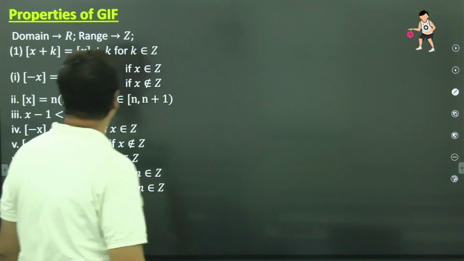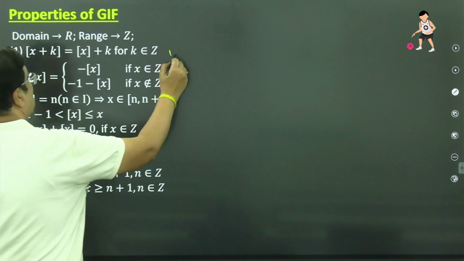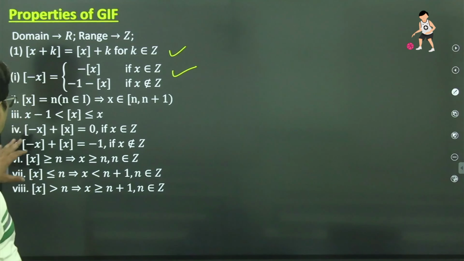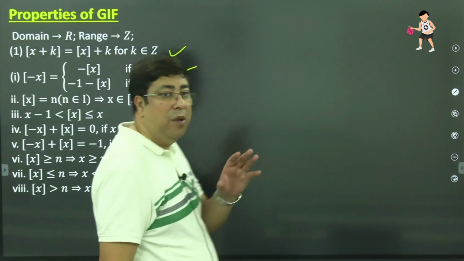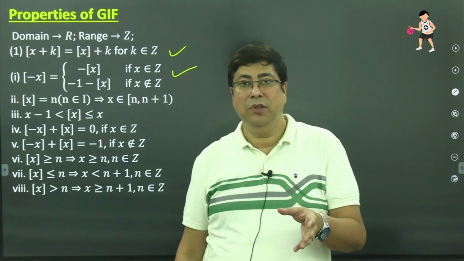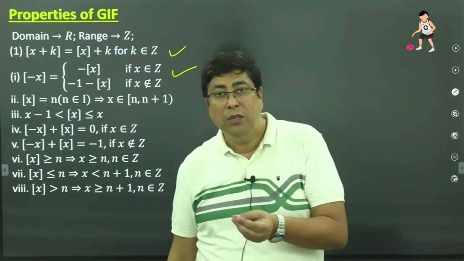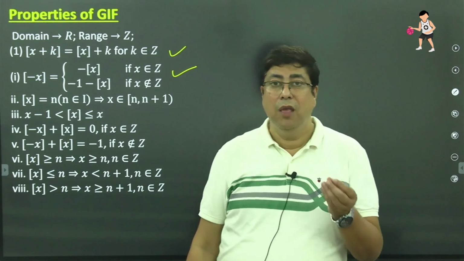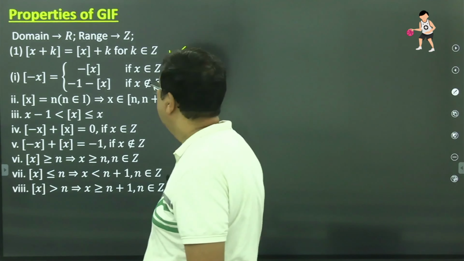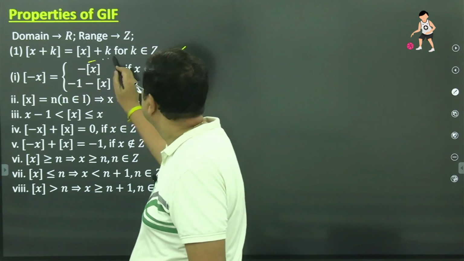So these are the properties of the floor function, and these two properties are the most important. All these properties, everybody, we have applied, and you have to learn them, because if you forget in the examination hall, you can immediately apply these properties. But whatever I suggest, remember this physically. For example, floor of x plus k equal to floor x plus k.